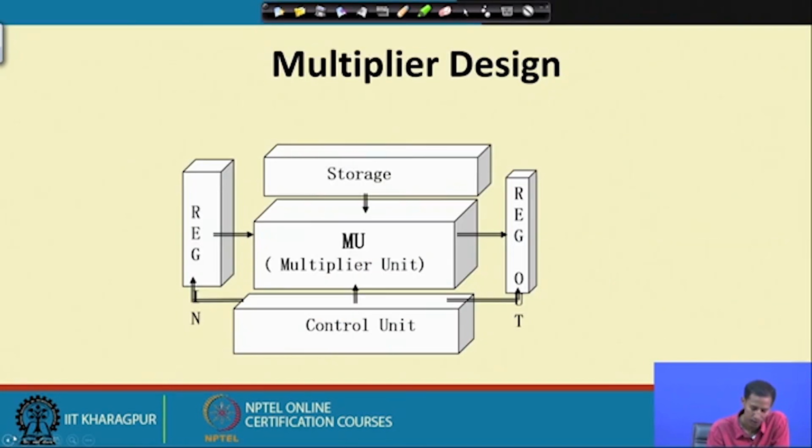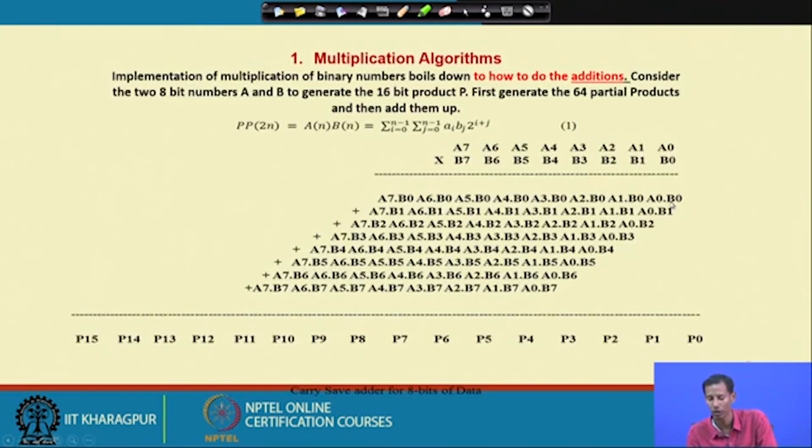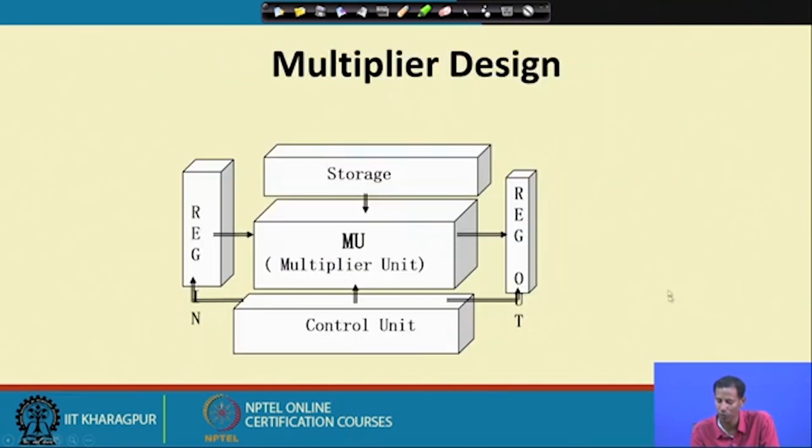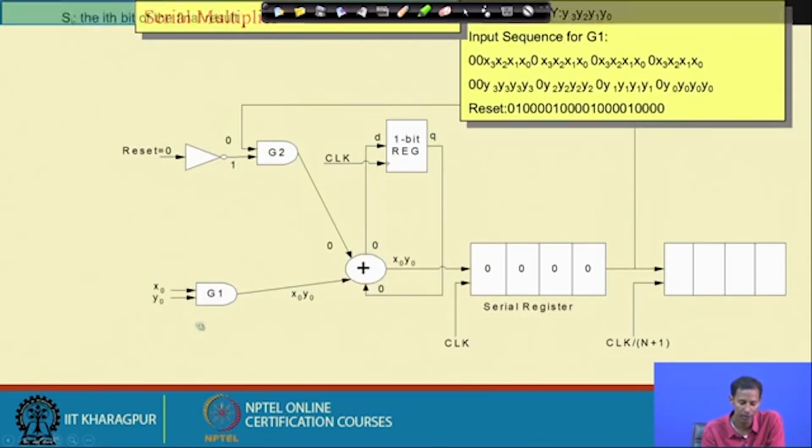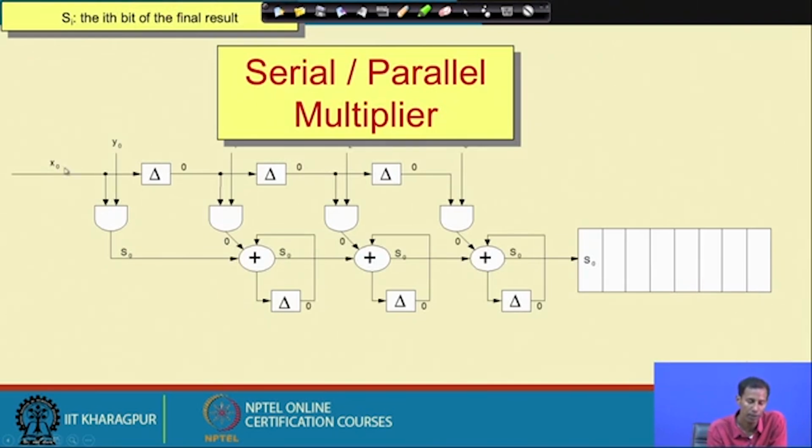You see in this particular case, P0 is nothing but x0 and y0, or a0 and b0 in this case. In the next, a1b0 will be added with a0b1, right. This has been generated using x0y1 plus x1y0, that is happening over here and stored here, and all these are zeros.